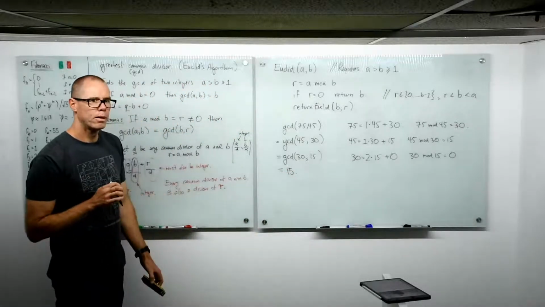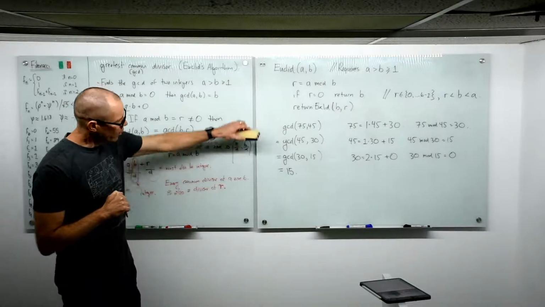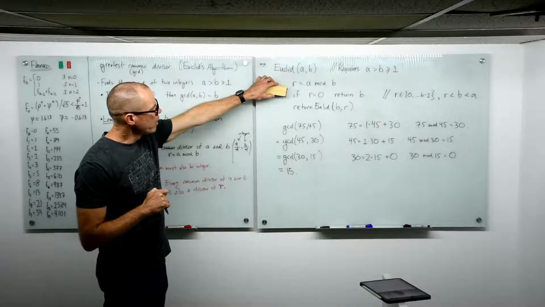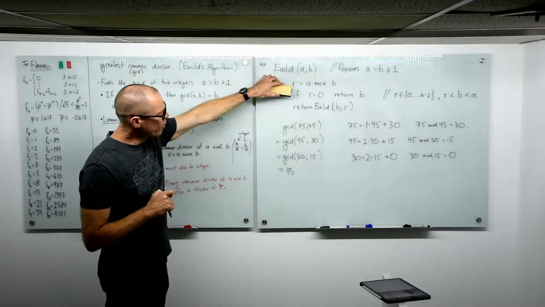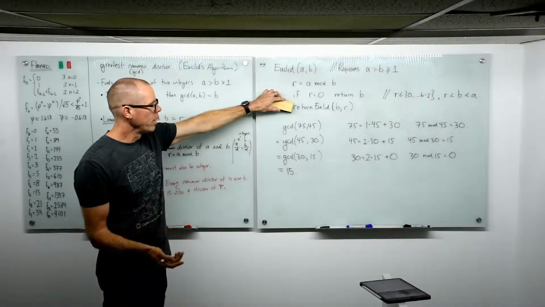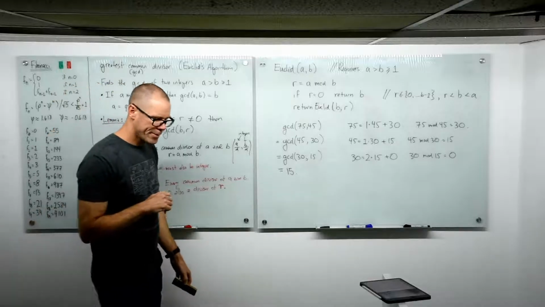Okay. So that's the way Euclid's algorithm works. Computes the remainder. If the remainder is 0, it knows the answer is B. Otherwise, it calls itself with B and the remainder. All right.